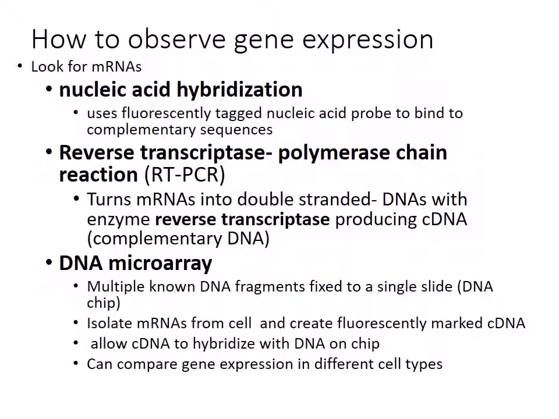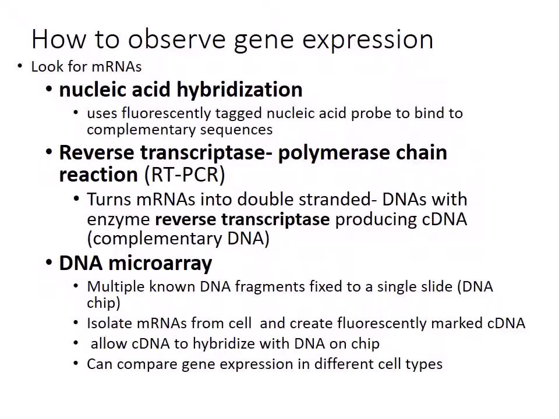So this is going from RNA to DNA and then making a whole bunch of copies of DNA. This turns mRNAs into double-stranded DNA molecules with the enzyme called reverse transcriptase, and that produces cDNA. The C stands for complementary DNA, and it's cDNA because it's complementary to mRNA.